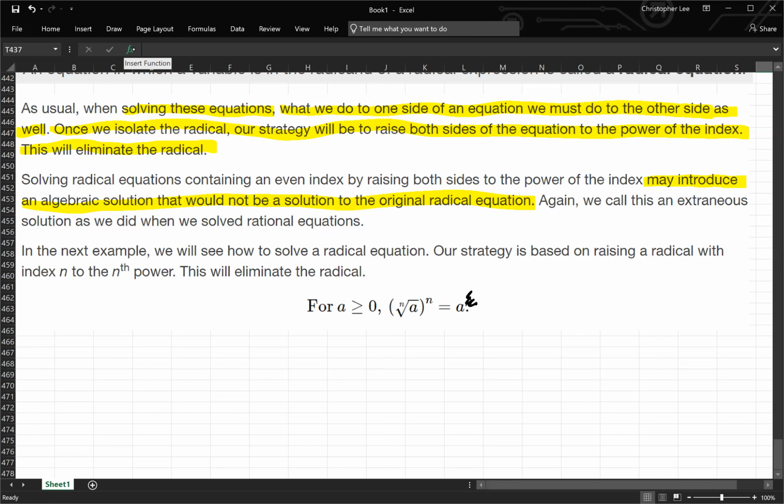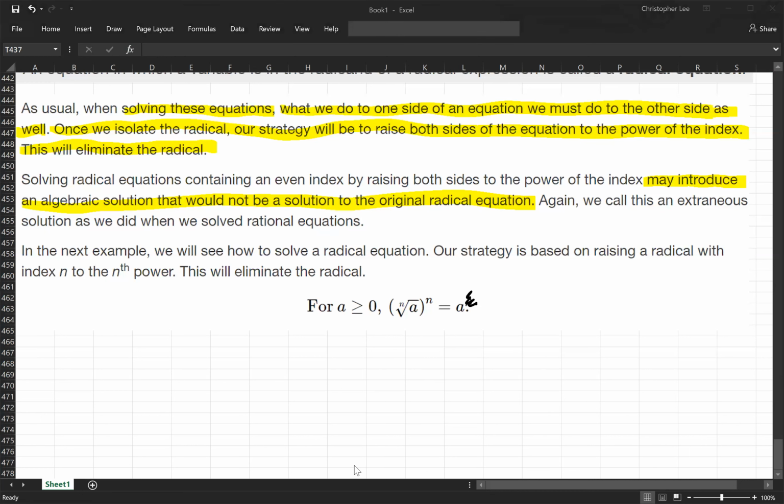The answer is just the radicand. That's simple, right? But we know this already, because we already simplified these. All right, so solve for the variable, but remember to check the answer.